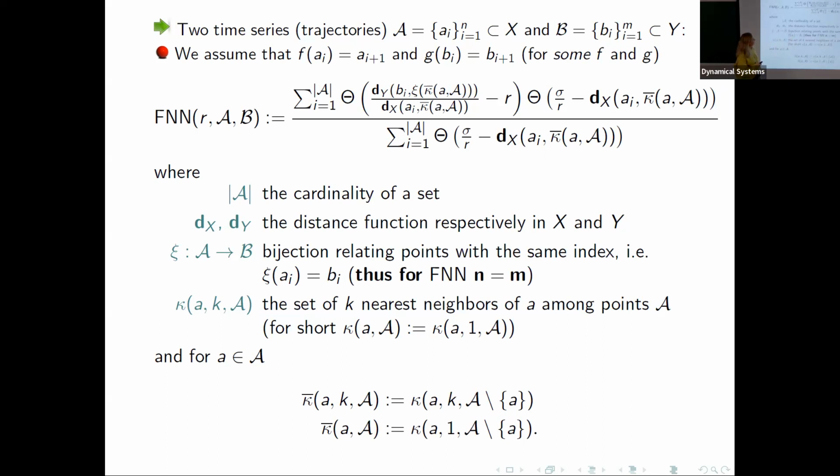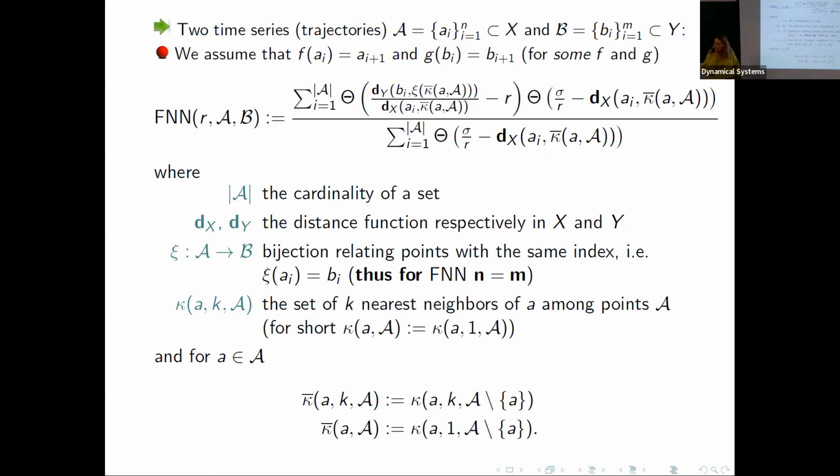And this gives you sort of, I don't want to say conjugacy, but a sort of conjugacy or similarity measure between two time series, if we consider identical matching between the indexes.